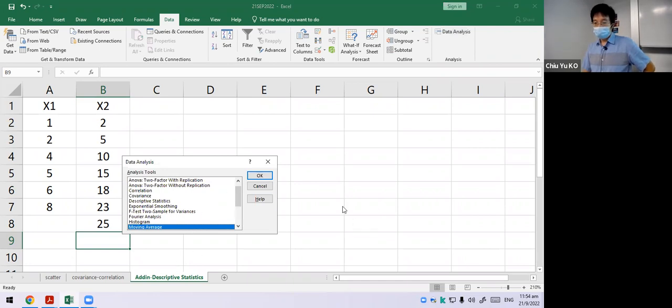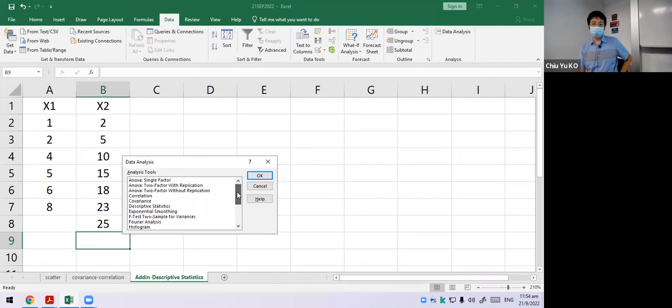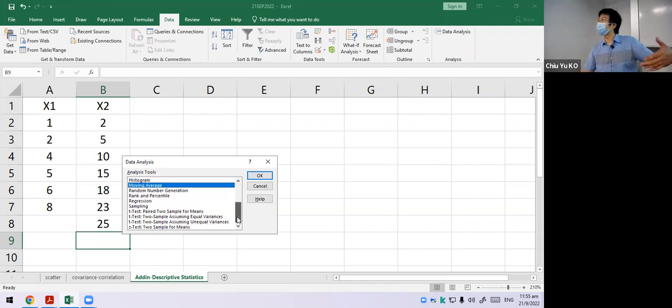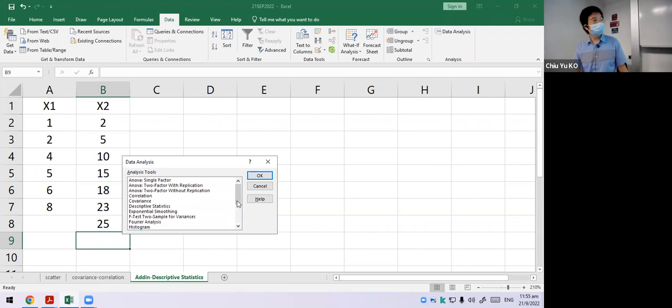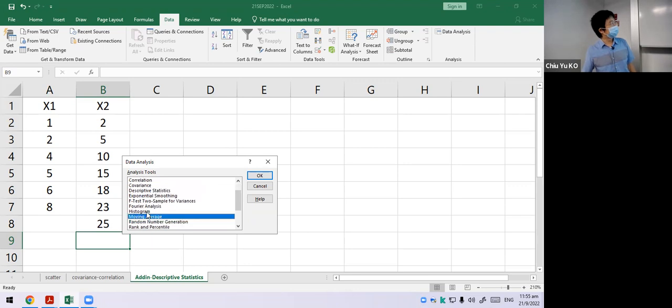When you click this, you will see many things, and indeed we will learn and use most of them in our class. So we should be able to understand what's going on. ANOVA we'll cover in the second to last topic. Today we'll cover correlation, covariance, and descriptive statistics. We will not do smoothing, we will not do Fourier analysis, but we will do the F-test for two samples.